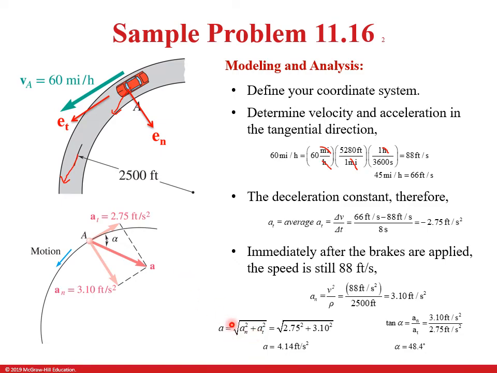Next, we can do Pythagorean theorem and square both of those and take the square root of that to get the full acceleration, the total acceleration. And that's going to be in this direction.